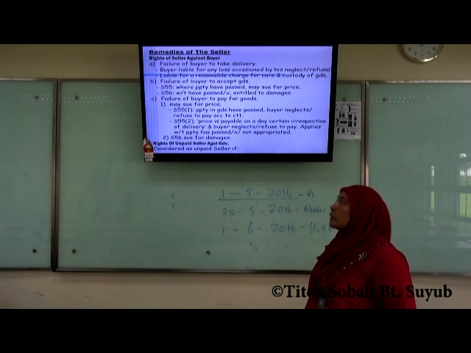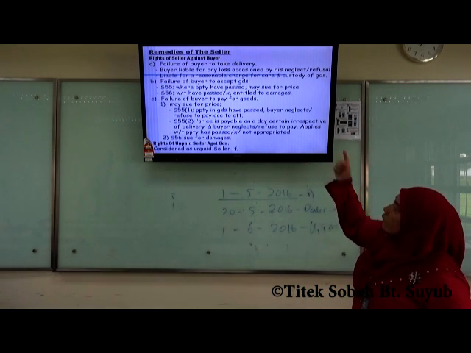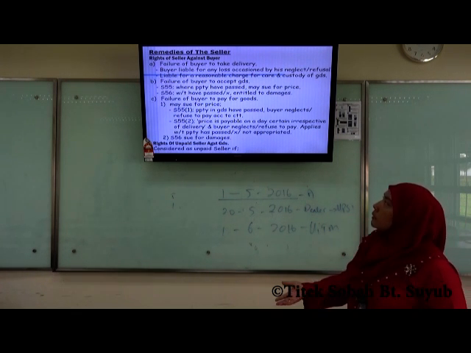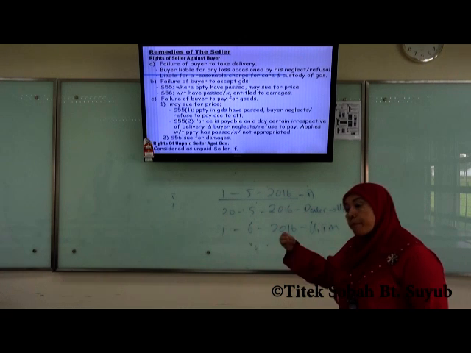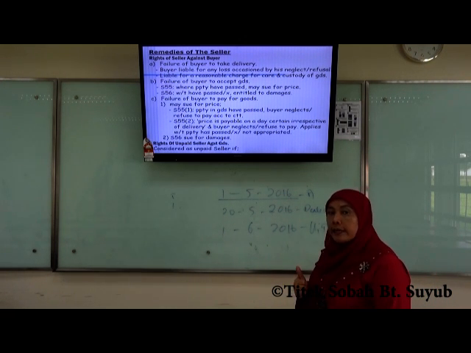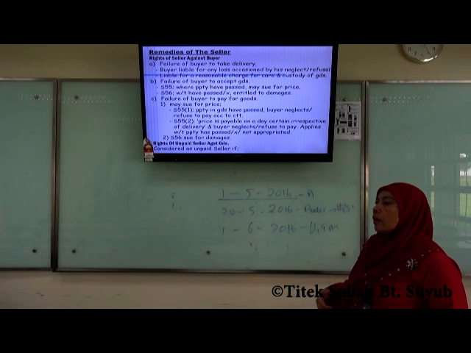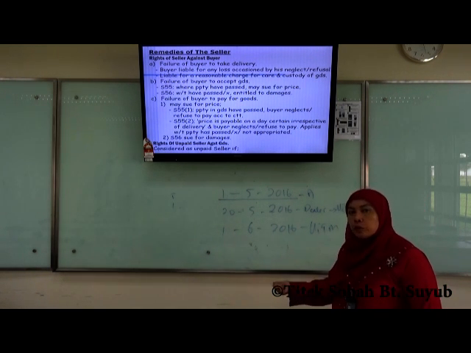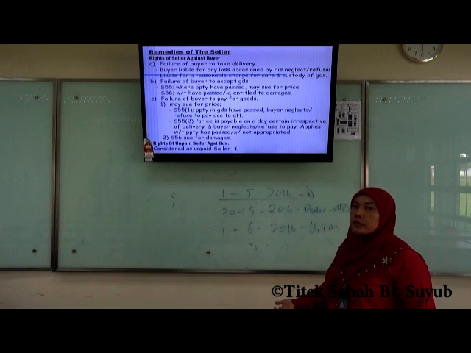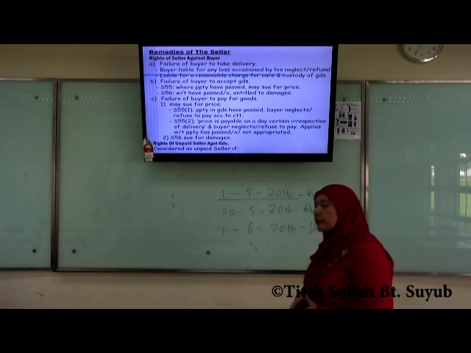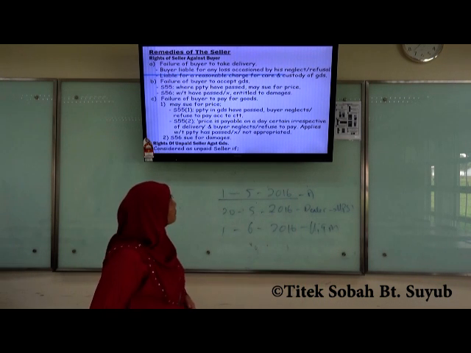Then under this situation, of course the seller can claim for the price of the goods if the price has not been settled yet, and whether the property in the goods has passed or not, the seller also can claim damages. Why? Because of course he has incurred costs, because he needed to hire a lorry to send the goods, right? Okay, maybe he needed to send through Pos Laju, need to pay expenses for Pos Laju courier service, and because of that, the seller also can claim for damages.